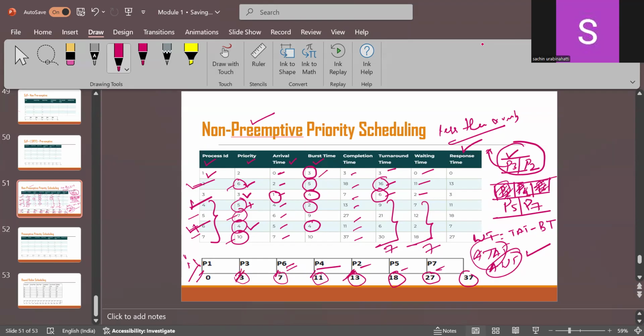Seeing this Gantt chart, you can easily calculate the response time. Response time is nothing but when a process starts its execution. That can be easily calculated by seeing this Gantt chart.